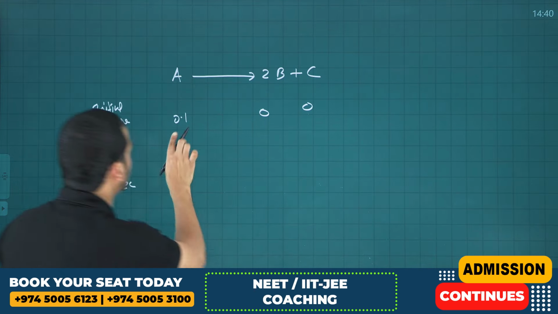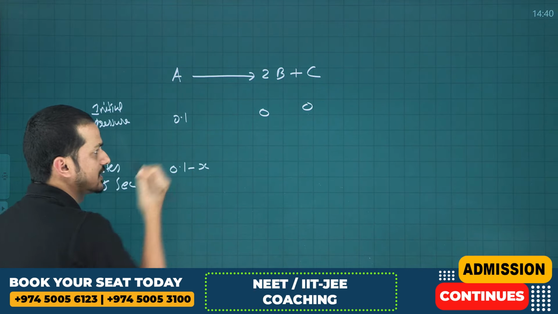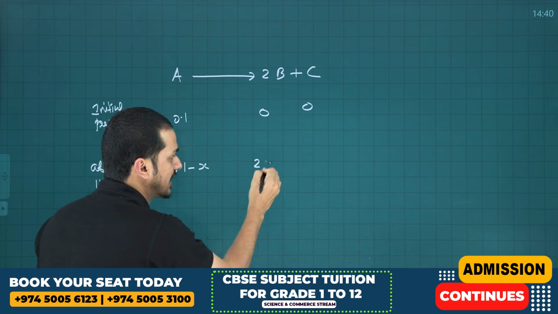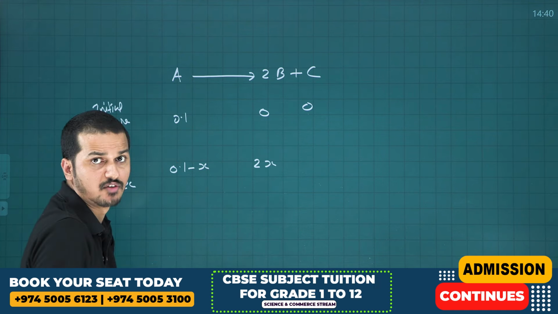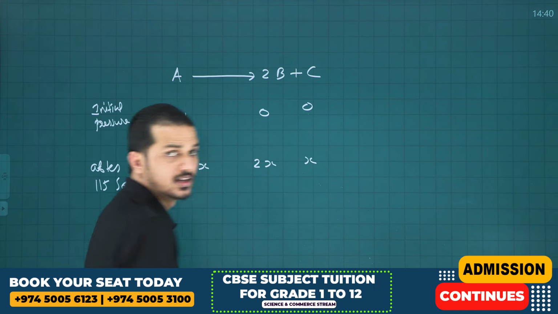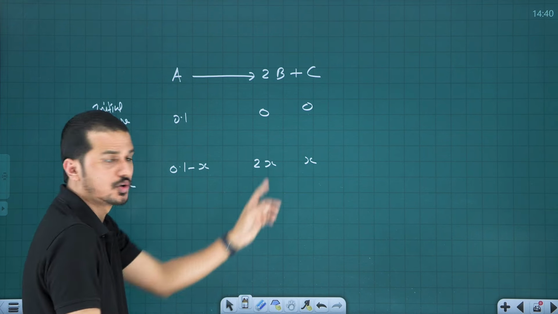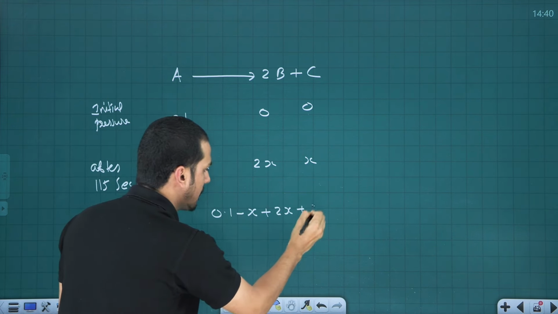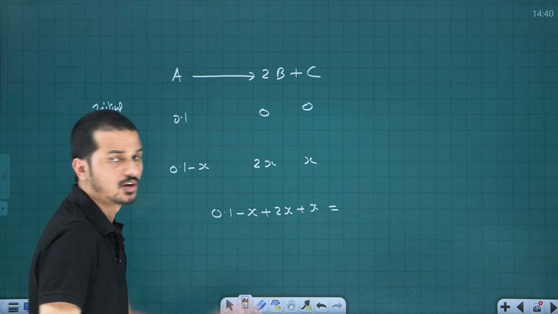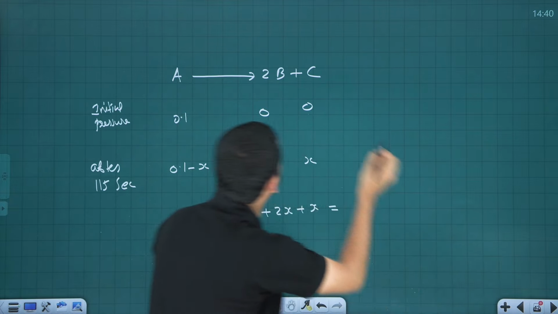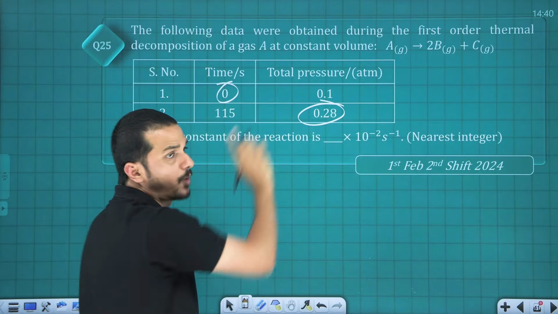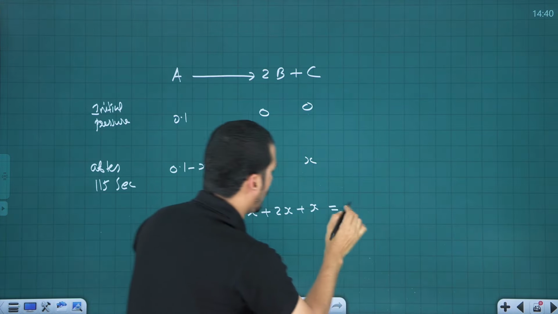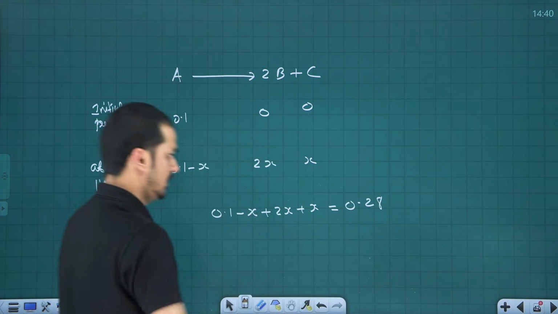For A this is 0.1 minus x. For B this is 2x, because when x reacts, 2x will form. For C also x will form. Correct? So adding all together, 0.1 minus x plus 2x plus x is equal to the total pressure they gave after 115 seconds, 0.28. So that's equal to 0.28, I am writing.